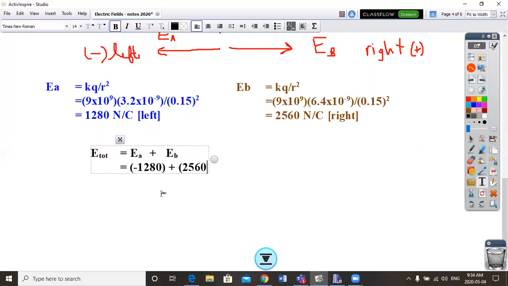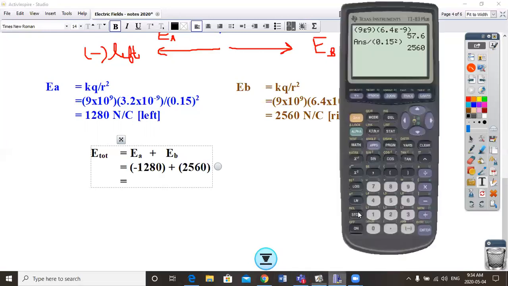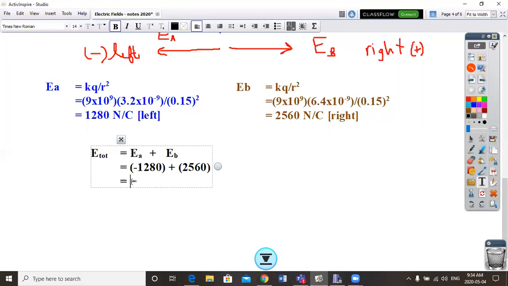It's to the right, so it's positive. So we take negative 1280 plus 2560, and you get positive 1280 newtons per coulomb.